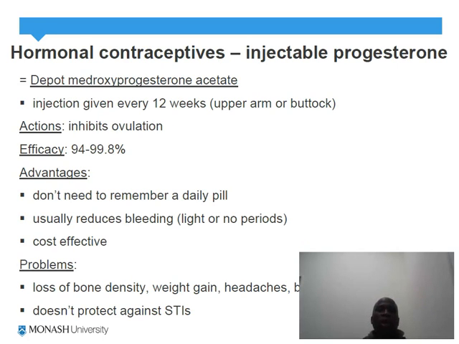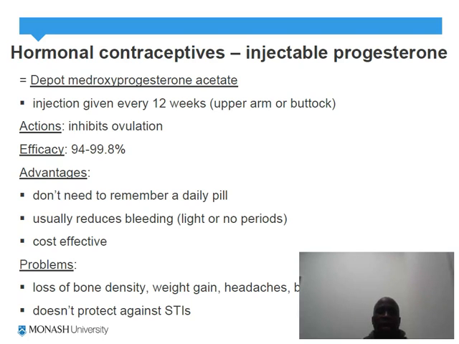Okay. Let's look at injectable progesterones. These are also called medroxyprogesterone acetate. Okay, that's the other name of such a contraceptive. Basically, it's characterized by an injection, which is given every 12 weeks on the upper arm or the buttock.